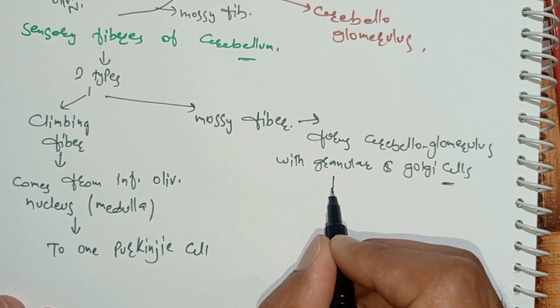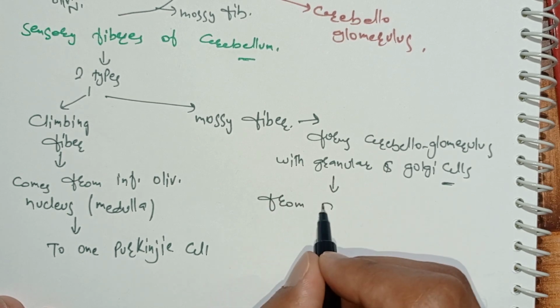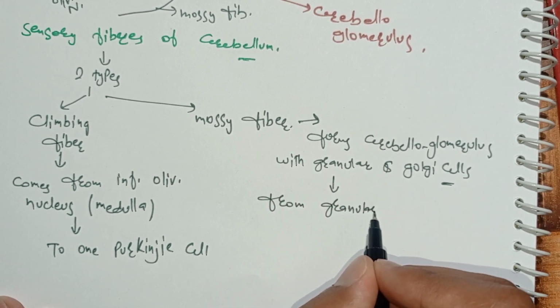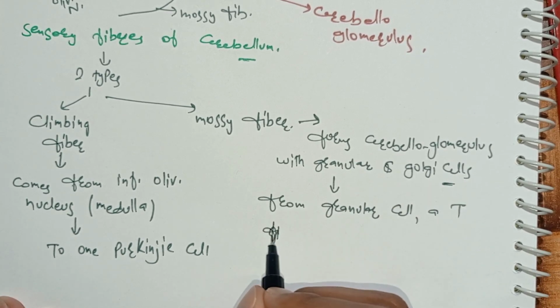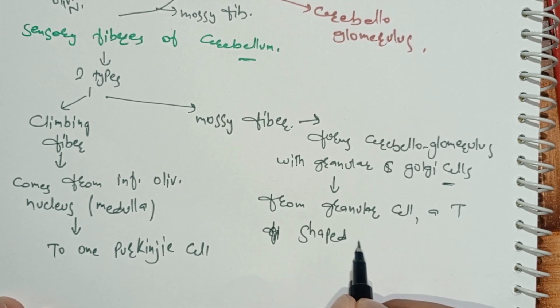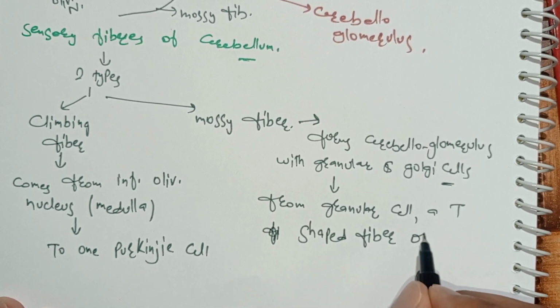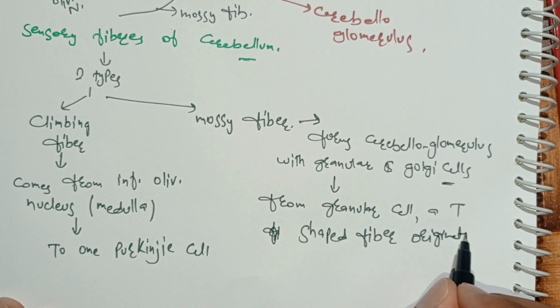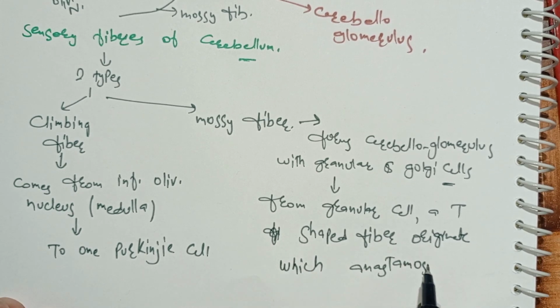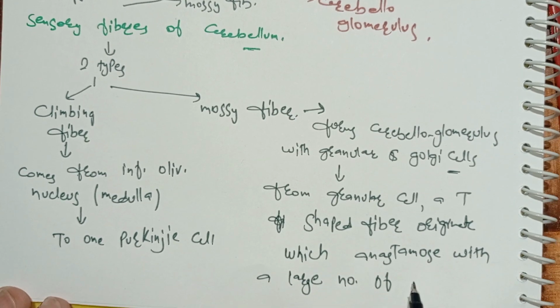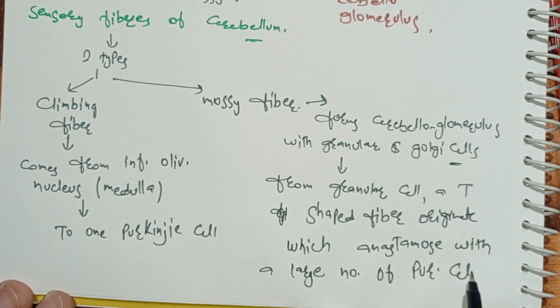Then from the granular cell, a T-shaped fiber originates, which anastomoses with a large number of Purkinje cells.